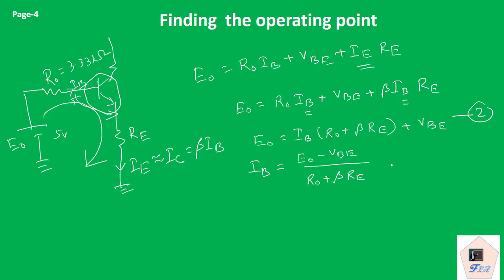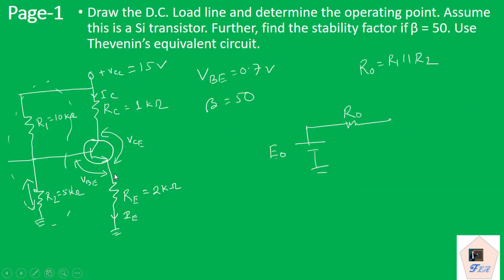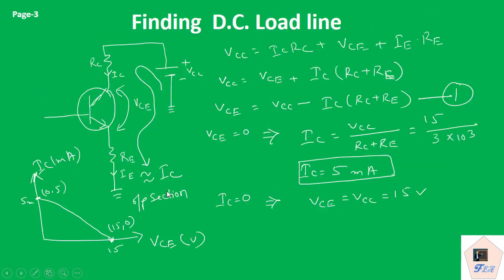Now if we substitute the values, VBE, we have already seen that it's a silicon transistor, so we can consider this value as 0.7 volts, and E naught we have found as 5 volt, and R naught we have found as 3.33, and RE is given as 2 kilo ohms.